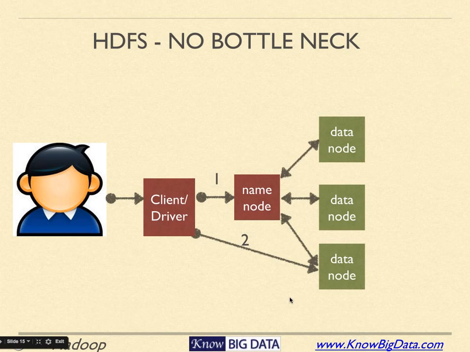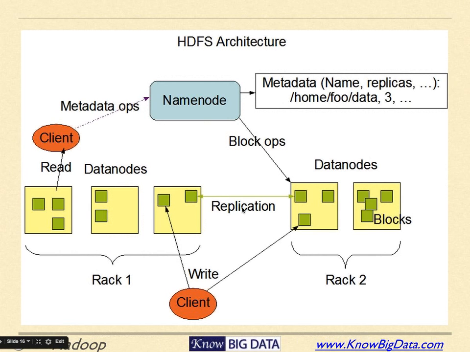So this is again the same architecture. If the client is going to read the data, the client goes to the name node, and the name node gives the list, such as which block is on which machine and how many copies there are, and so on.